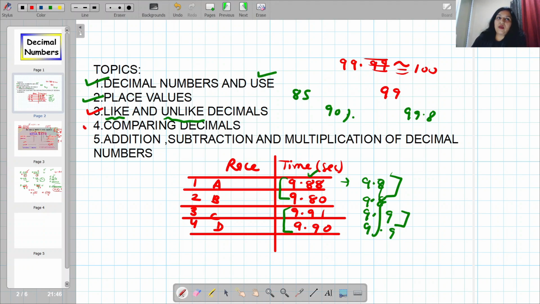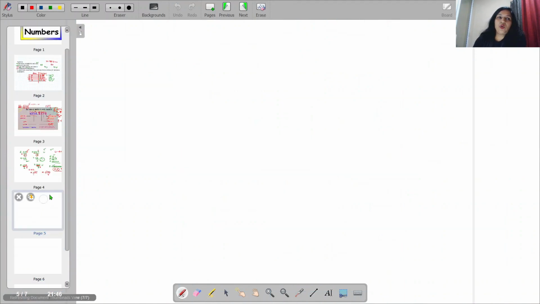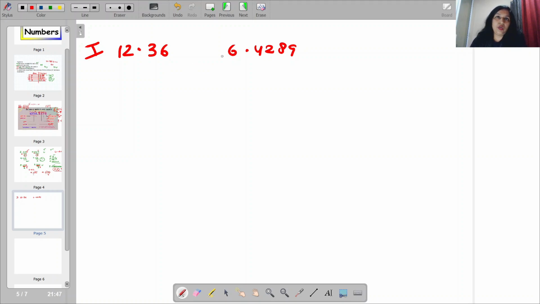Coming on to the very important and an interesting topic, comparison of the decimal numbers. Okay, now have a look. If I have a number 12.36, another number is 6.4289. This is first kind of case. Whenever we start comparing the decimal numbers, step number one always is start comparing the whole number part.